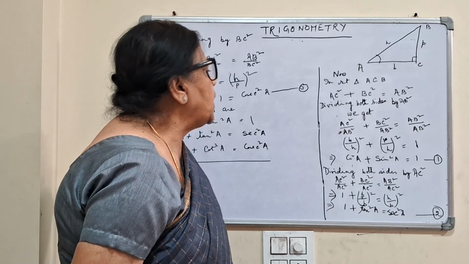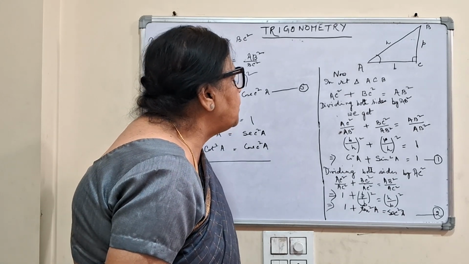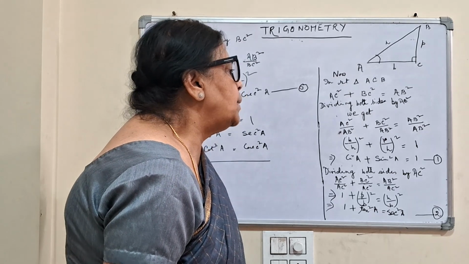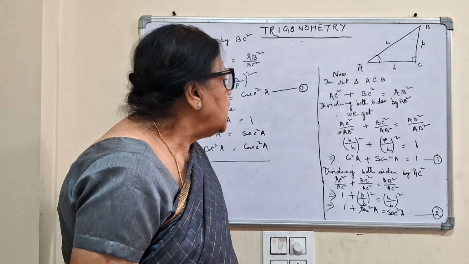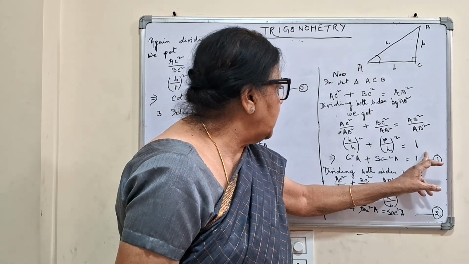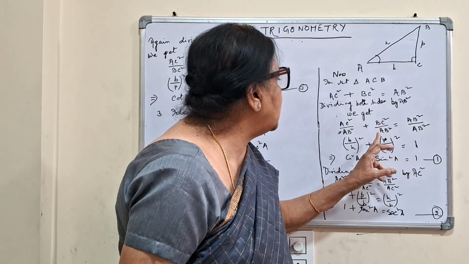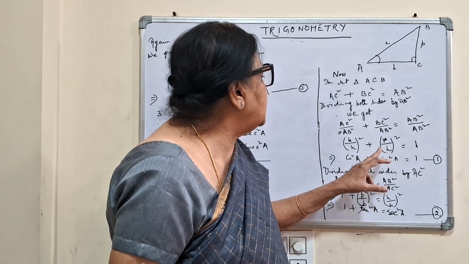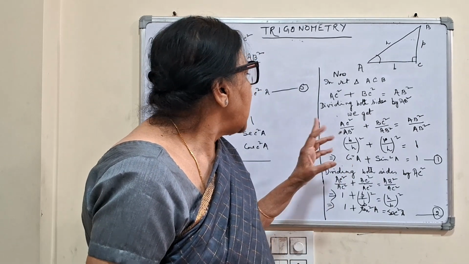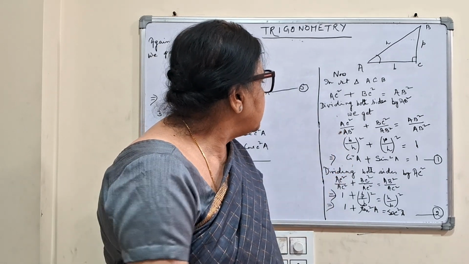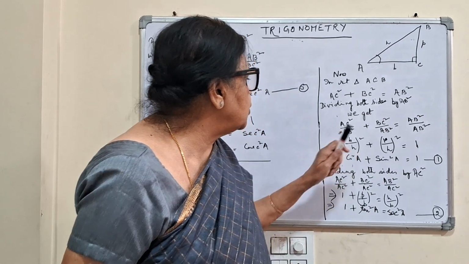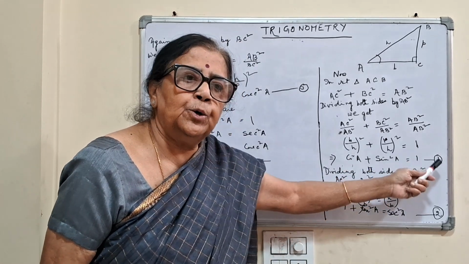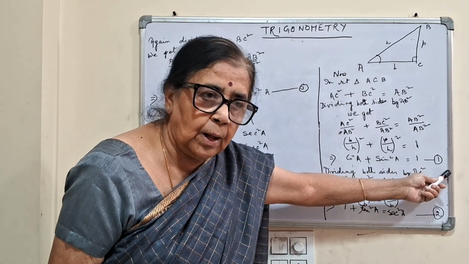That is AC square by AB square plus BC square by AB square is equal to AB square by AB square. AB square by AB square is 1. This is BC upon AB whole square, that is perpendicular by hypotenuse whole square, and AC upon AB is base upon hypotenuse whole square, that is cos square A plus sin square A is equal to 1. This is identity number 1.